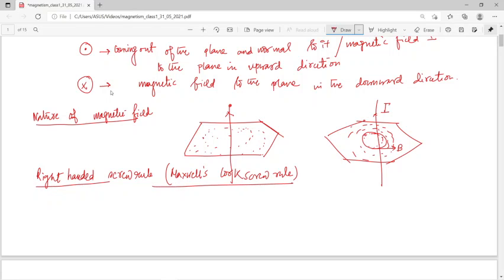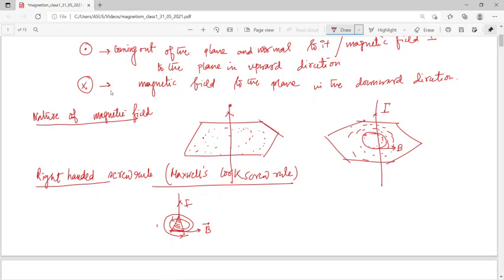It says that if the forward motion of an imaginary right-handed screw is in the direction of the current through a linear conductor, then the direction of rotation of the screw gives the direction of the magnetic field lines.